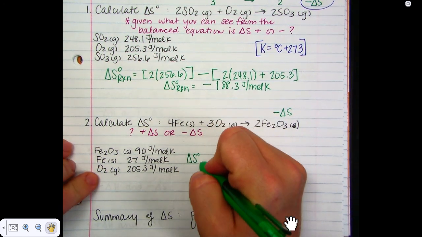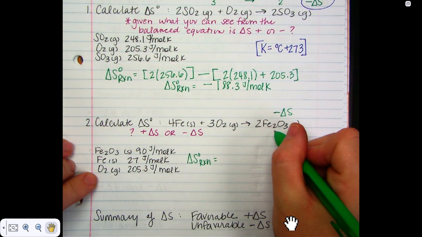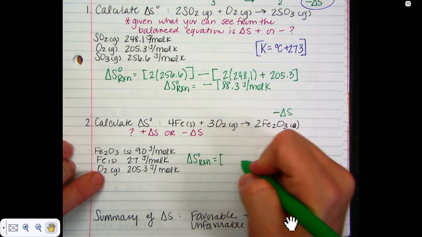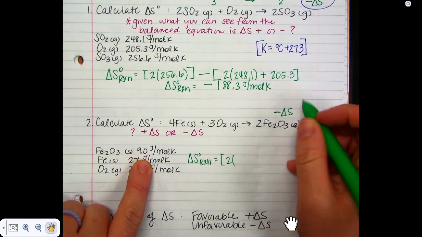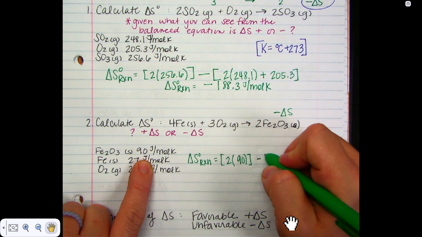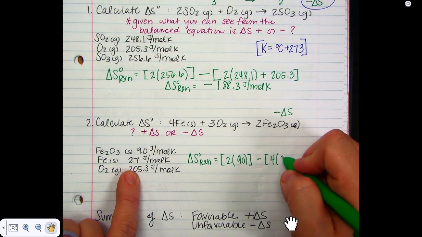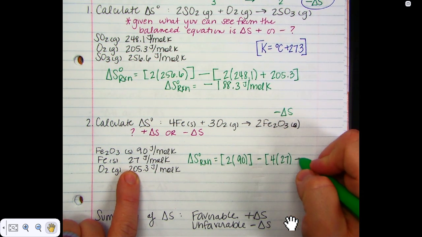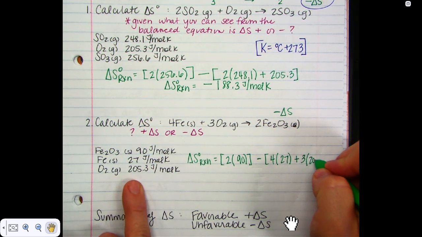Delta S naught of the reaction is equal to my products. So 2 times the Fe2O3, which is 90, minus my reactants, 4 times the 27 plus 3 times the 205.3.